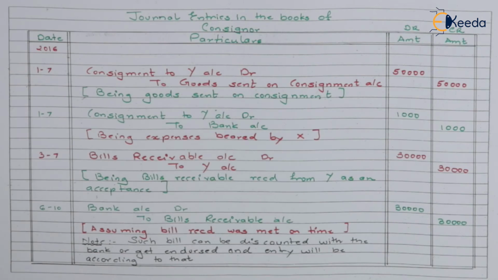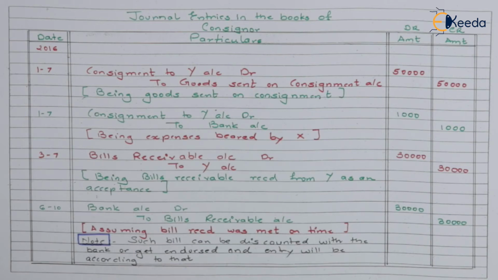There has also been a note mentioned here, let me highlight that. In case the note states that the bill was discounted with the bank or endorsed to someone else, then the entry will be passed accordingly. Otherwise the same entry is passed as matured, unless the illustration states that the bill was dishonored.